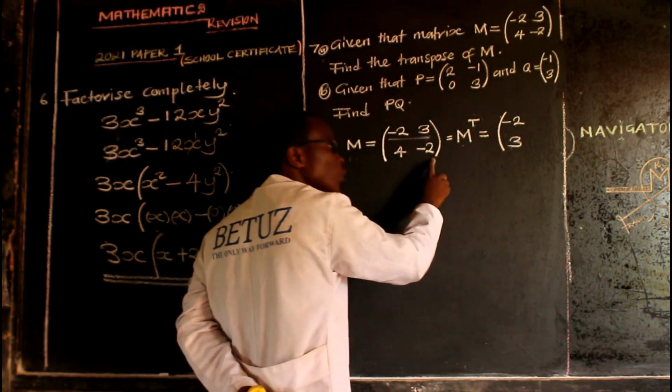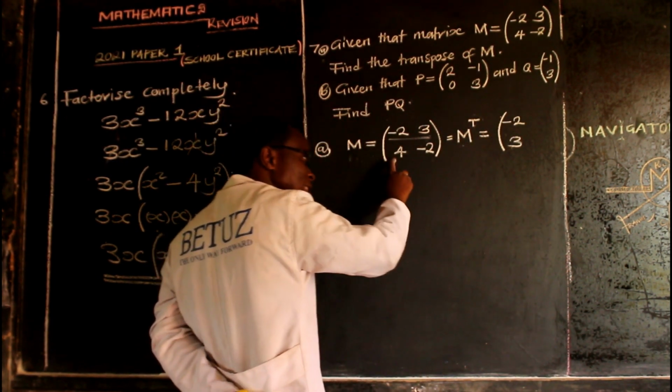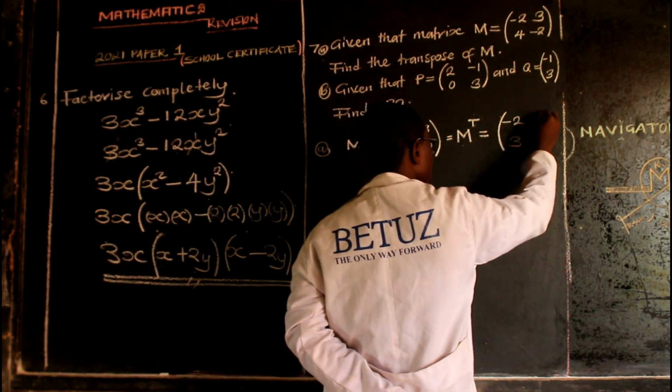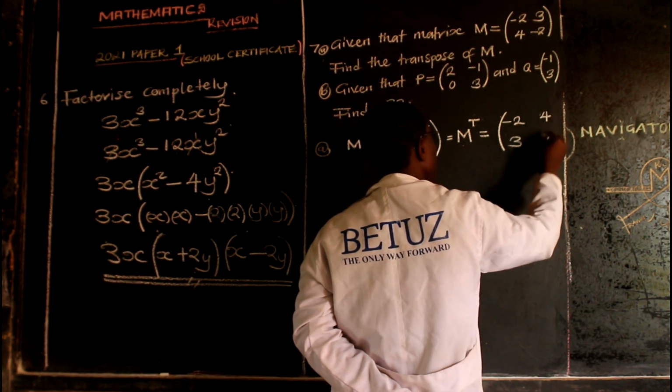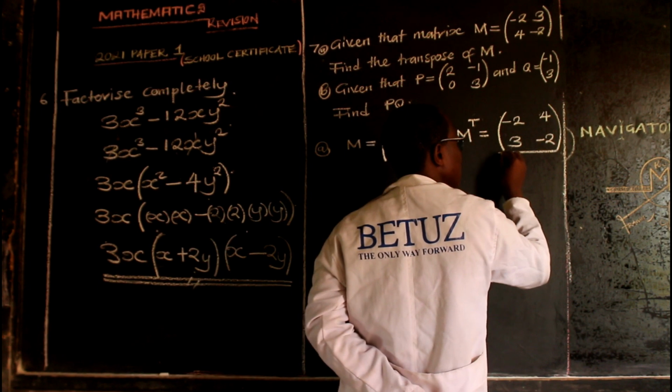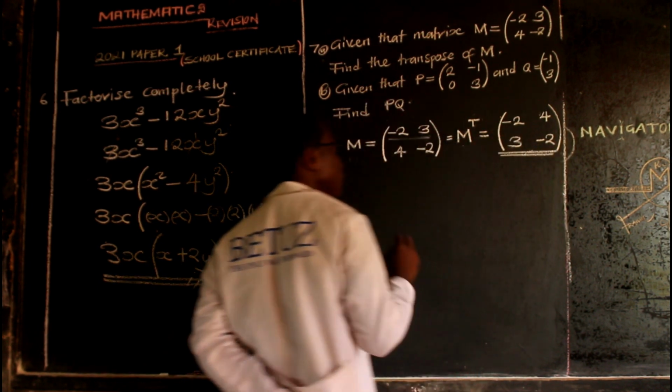Then the second row, which is 4, negative 2, is going to become the second column. It's going to be 4, then negative 2. So this is M transpose, the transpose of matrix M.